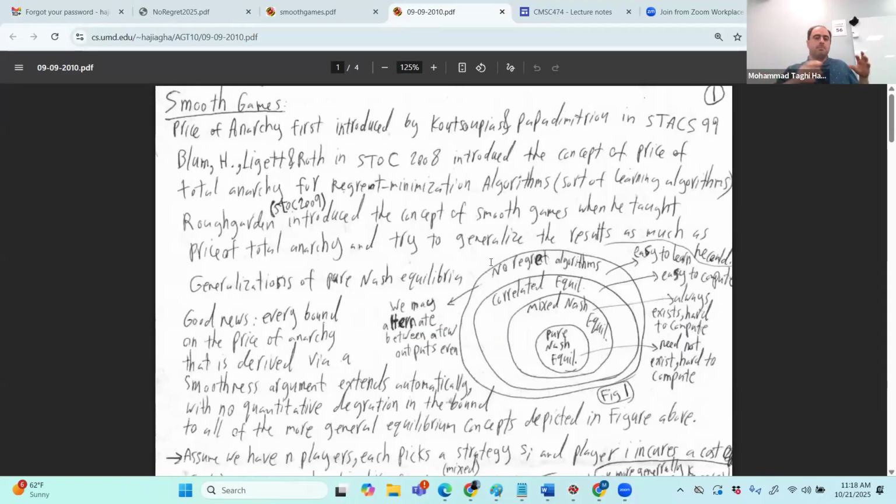So far we talked about pure Nash, just the cells in a matrix. Mixed Nash, which are essentially distributions over these. Correlated equilibrium, where we have a distribution over the whole matrix, and these are correlated. We cannot write it as P times Q. That's essentially the difference. It's more general than mixed Nash.